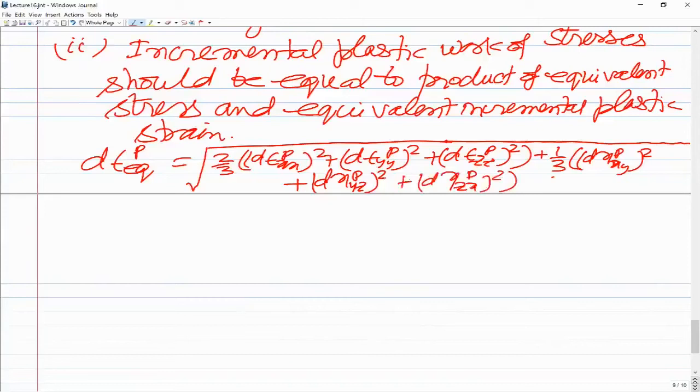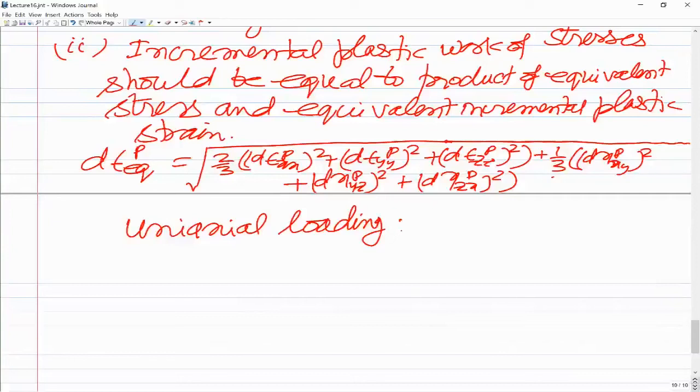Now if we want to check whether it satisfies the two criteria we talked about, let's look at that. First, the uniaxial loading. Is it defined in a similar way as we define the equivalent stress?